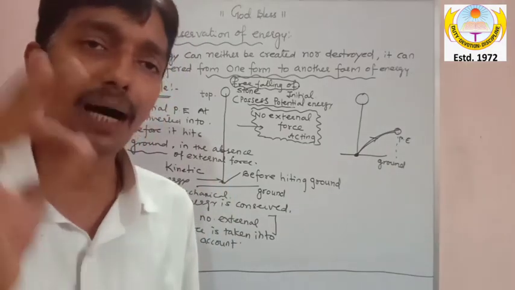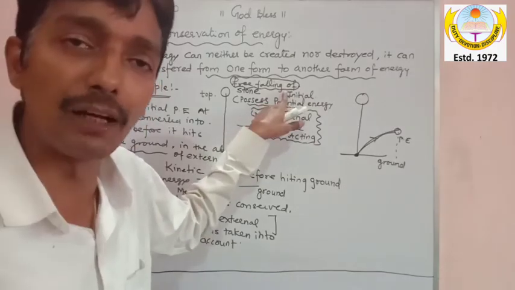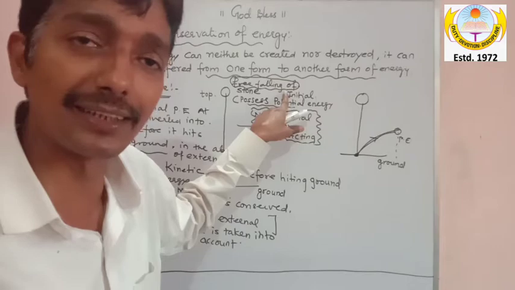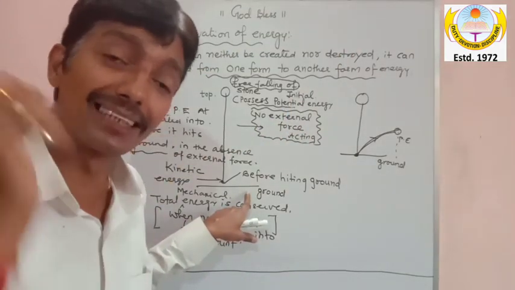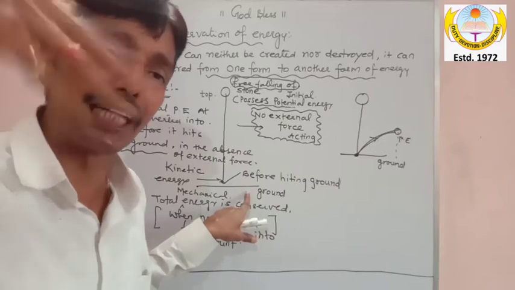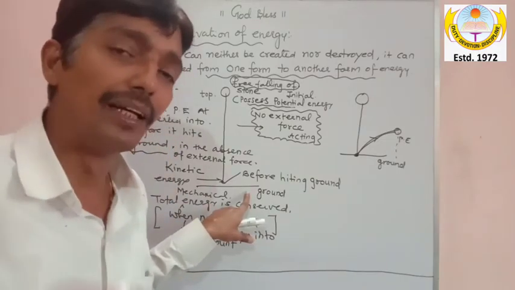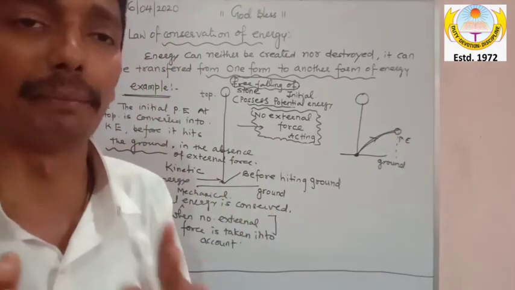One way, where the body is having free fall. What is the meaning of free fall? That, sir, there is no external force, no air resistance, no force by the ground will act, and still the body's potential energy, as soon as it comes down, will be equal to the kinetic energy, and the total energy remains constant.